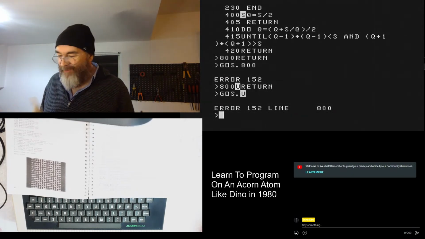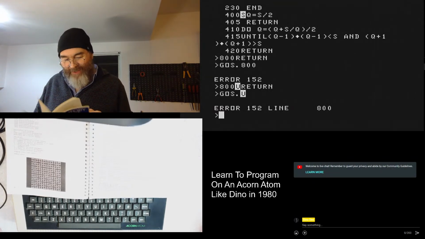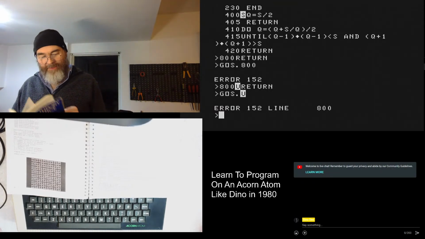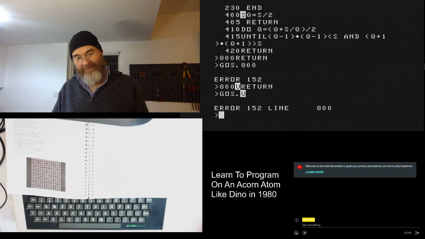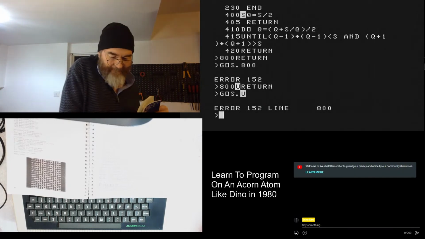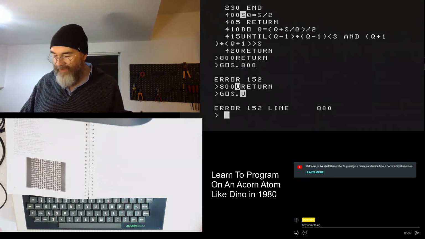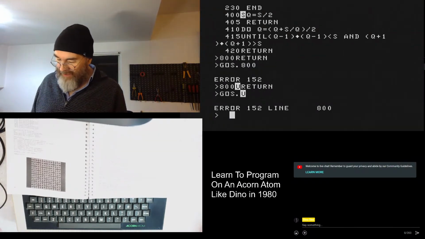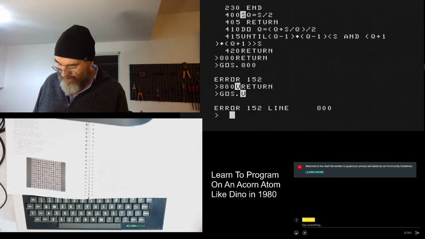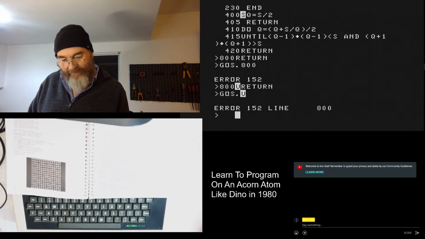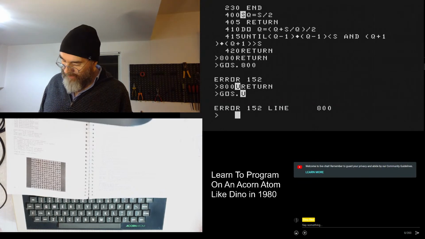I don't understand what's going on there, so time to look for the error messages. Dear me. The great thing about this, though, is I sure learned about programming.